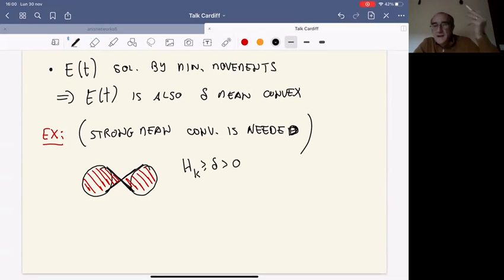This is true for all positive kernels, in particular for the kernel of the fractional perimeter. Of course, delta depends on the kernel.